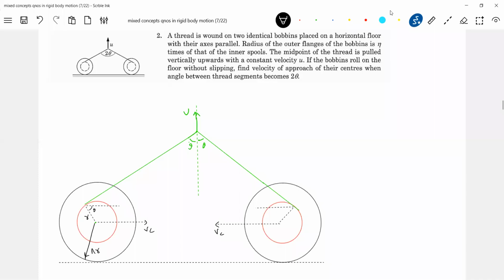So there's a point A, and there's a point P. Now, what is the state of this bobbin? Will it roll? I think somewhere it is telling us that the bobbin rolls. Rolling means it will have both translation as well as rotational motion. So it will also have an angular velocity.